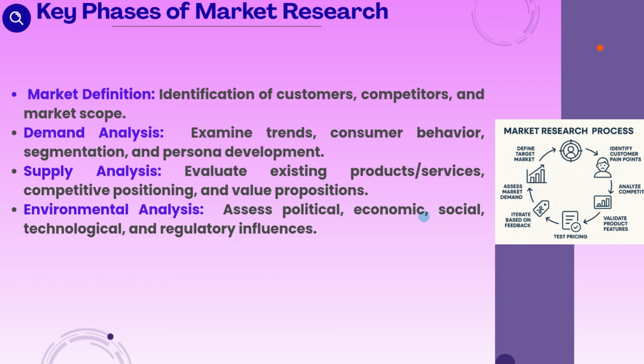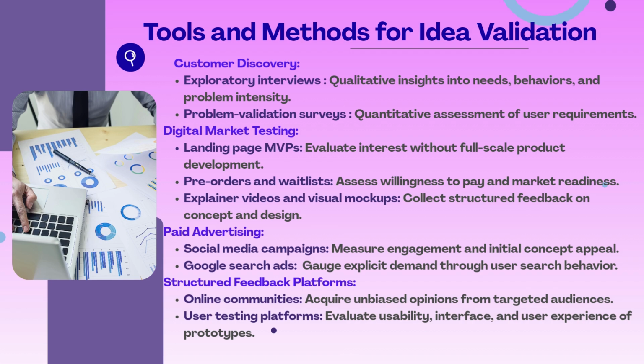Then, supply analysis to evaluate existing products or services, understand competitor positioning, and identify their value propositions. Finally, an environmental analysis which assesses political, economic, social, technological, and regulatory factors that could impact the market.